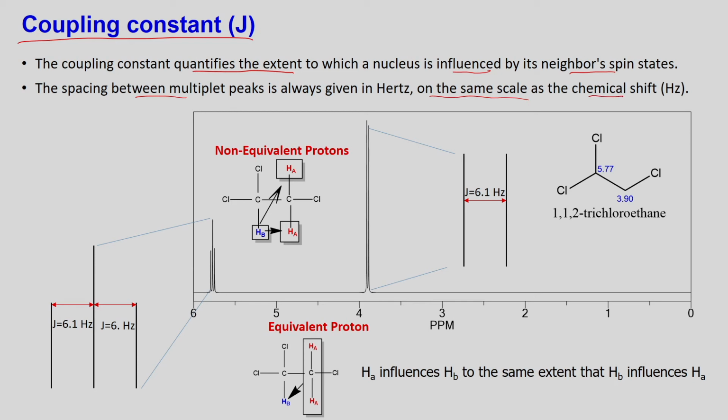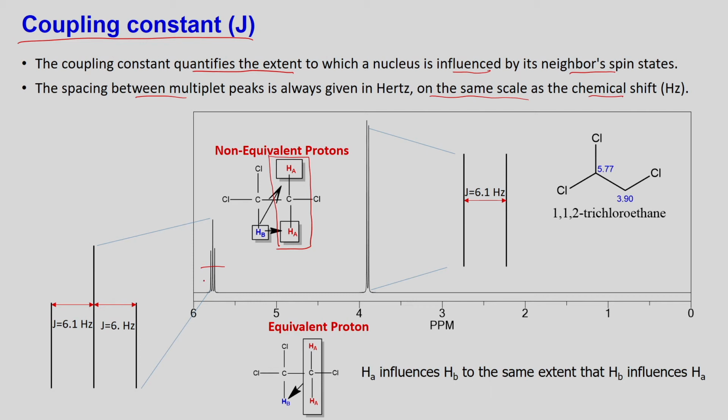Now, see this is a non-equivalent proton. Again, if you see the case of trichloroethane, we take the case of non-equivalent protons. Now, this is sensed by 2 nuclei, so it is splitting into 3.